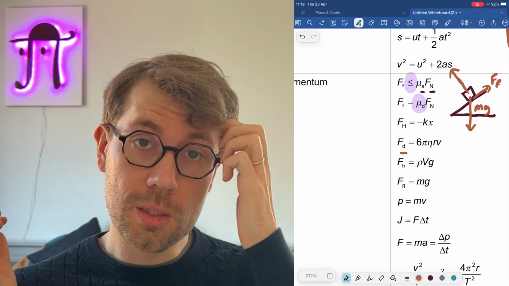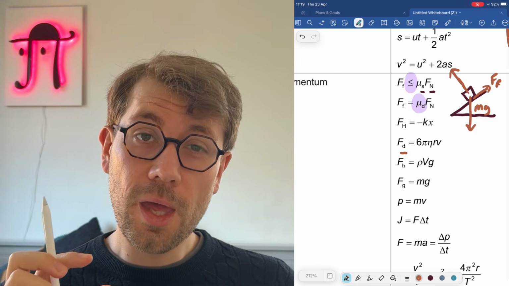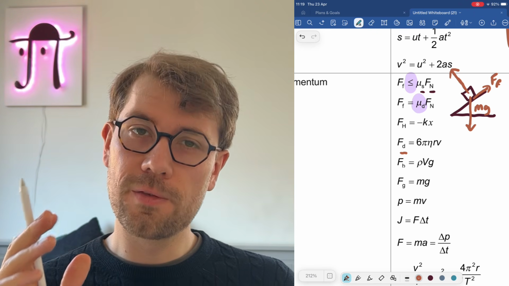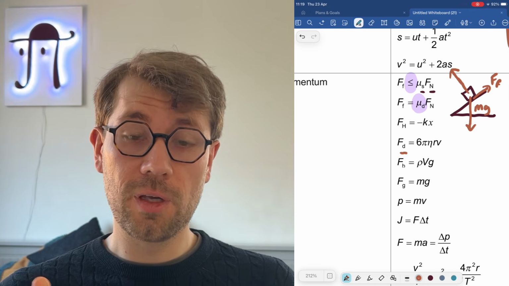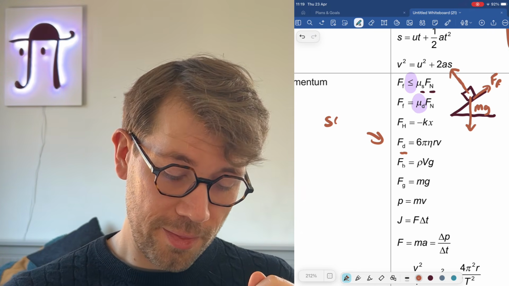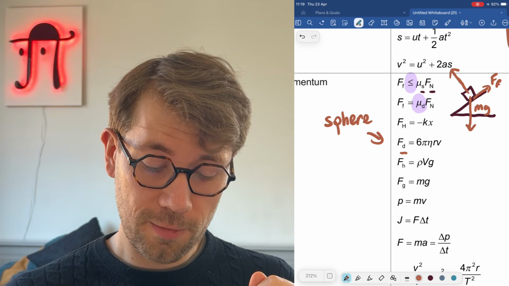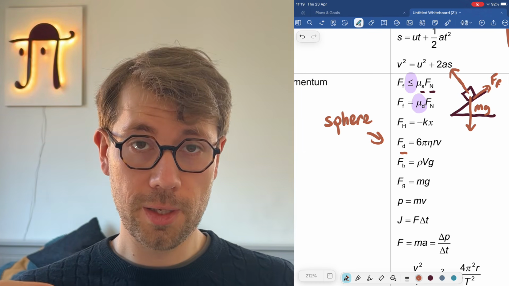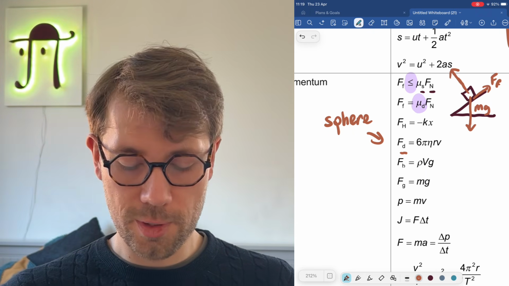This is the equation that tells us about the drag a sphere will feel as it falls through a viscous liquid. I say sphere because it only works for spheres. And that's important because if you ever see a sphere, a ball, falling through a liquid in a question, you're like, Stokes' law, that's drag. I'm probably going to use this somewhere.